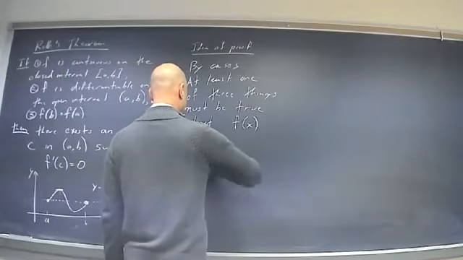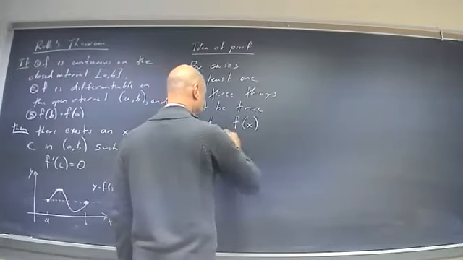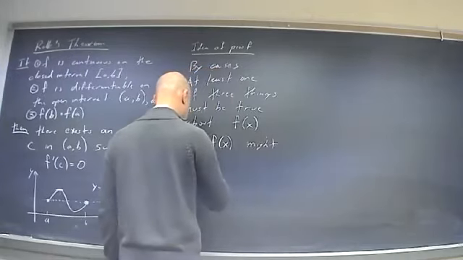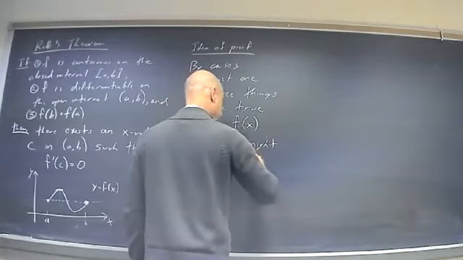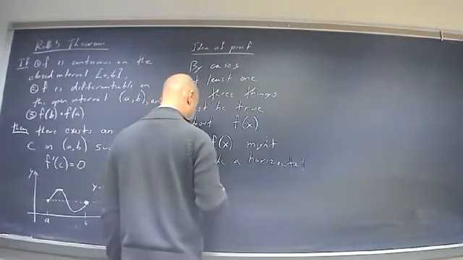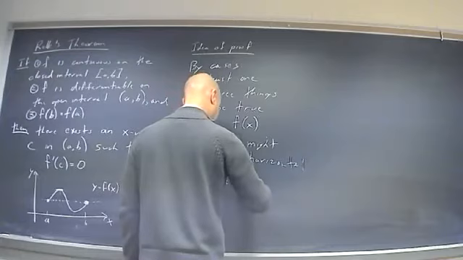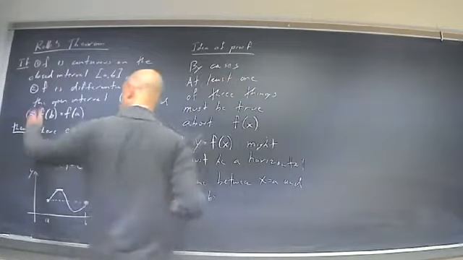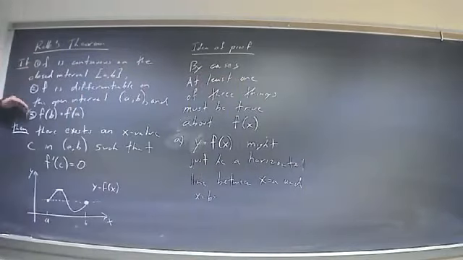So y equals f of x could just be a horizontal line between x equals a and x equals b. That's certainly consistent with all three of these hypotheses. If that were true, then f of b would be f of a, it'd be at the same height at the endpoints, and the curve would be nice and continuous between a and b, and it would be nice and smooth. If it was just a horizontal line, all three of these things would be true.